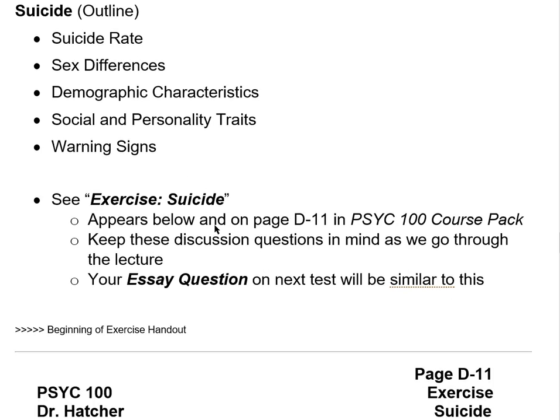And here I have a note that my exercise on suicide appears below. I'm going to go over it here in a minute. It's on page D11 in your Psych 100 course pack. I want you to have these discussion questions in mind as I go through my lecture on suicide, and remember that your 5-point essay question on the upcoming test will be very similar to this small group discussion exercise.